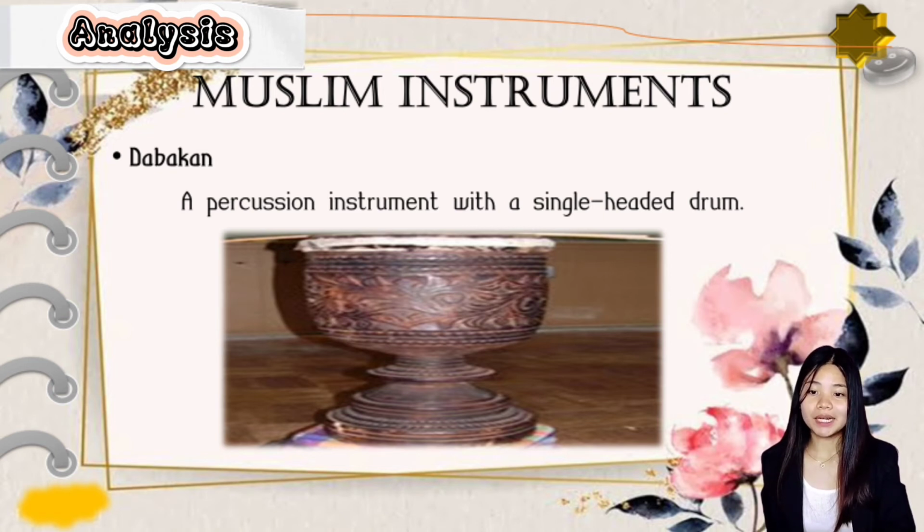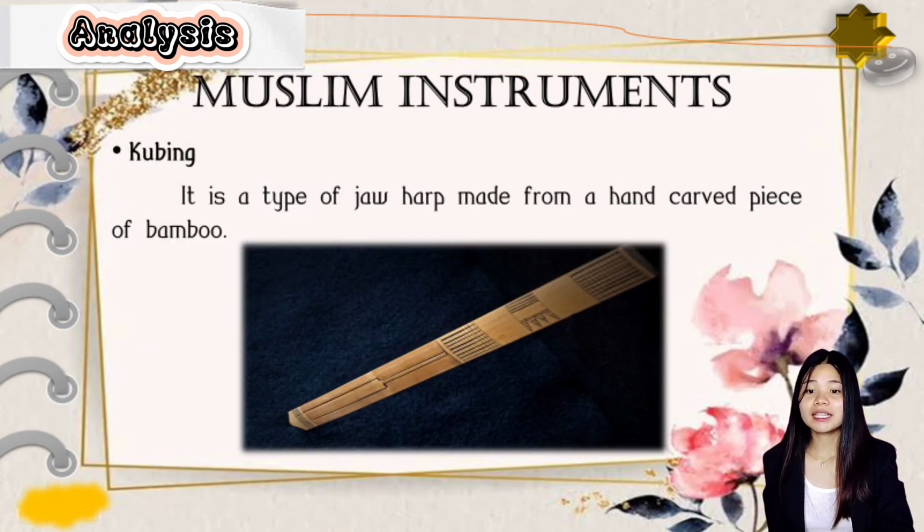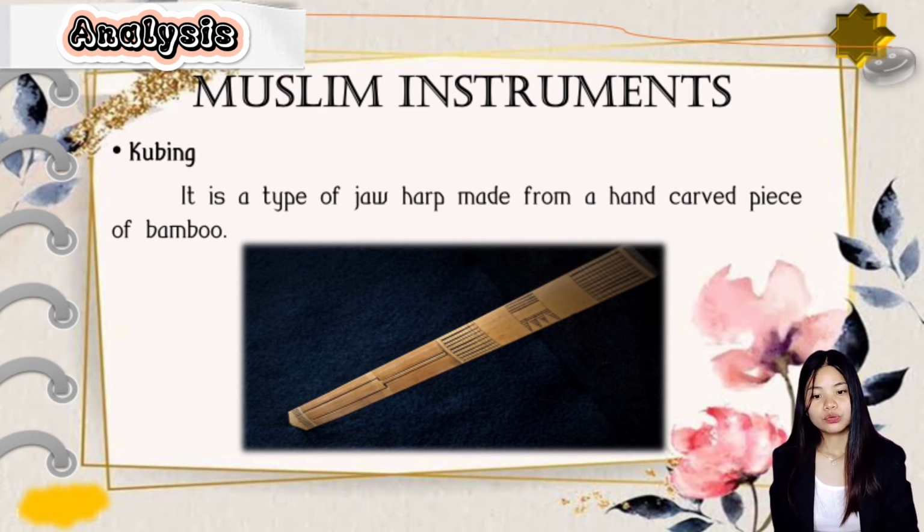First is the bakan, a percussion instrument, a single-headed drum-like instrument. Next is kubing, a type of jaw harp made from a hand-carved piece of bamboo. As you can see in the picture, you can tell that it is bamboo because of the artistic design of it, the creativity.